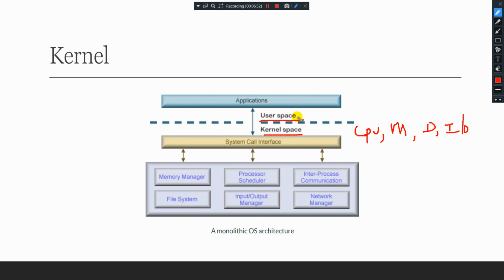User mode and kernel mode should always be separate, to regulate access to the system hardware, including the CPU, memory, disk, and other I/O devices.